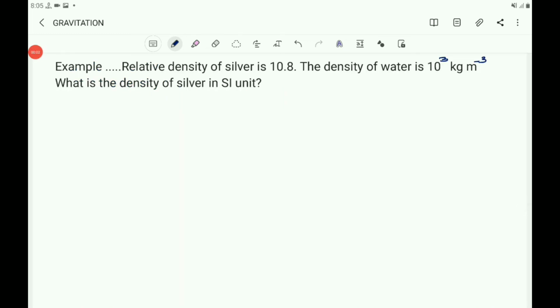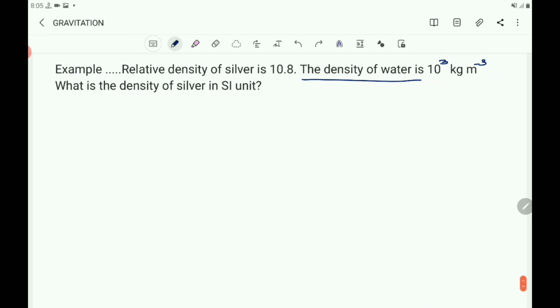Now let us take one example based on the density and relative density. See the question here. Relative density of silver is 10.8. The density of water is 10 power 3 kg m power minus 3. And what is the density of silver in SI unit? So what is given here? Relative density of silver is given.